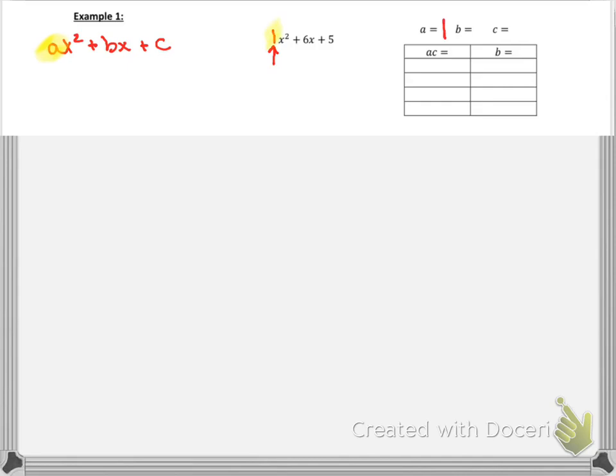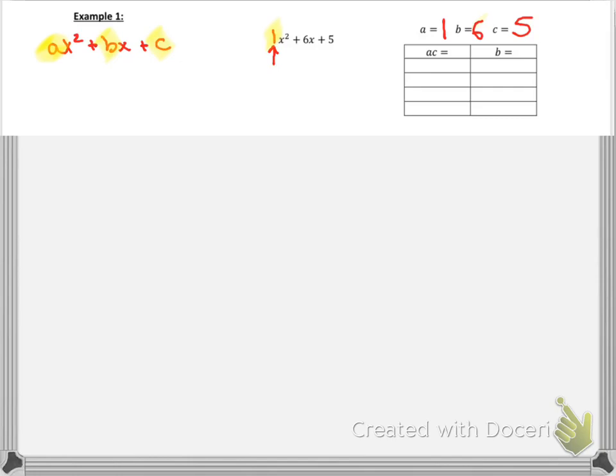The coefficient of our x term, or our b, is 6. And then our c, which is our constant that's being added here, is 5. Take a minute and make sure it makes sense to you where a, b, and c came from.